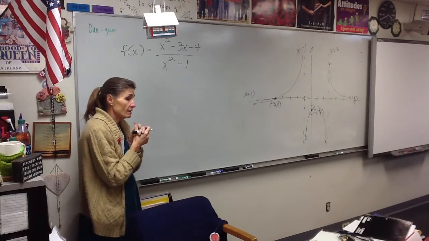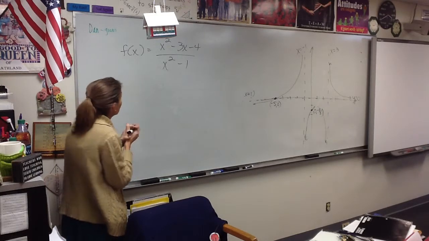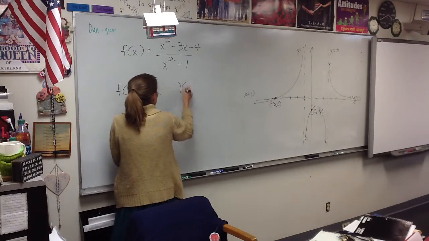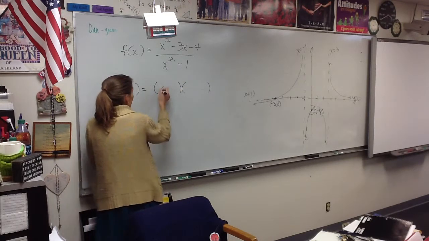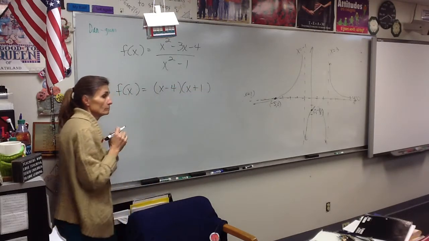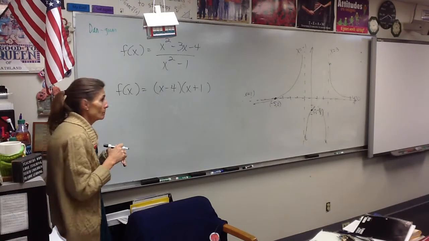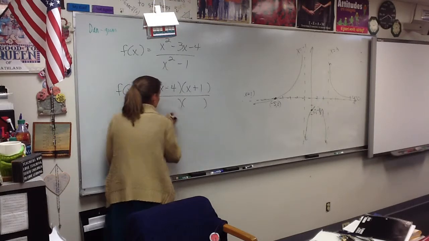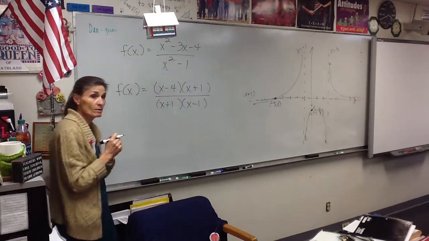What do you think? How should we start? Factor it. How does the top factor? How about the bottom? Does it factor? X plus 1, x minus 1, difference of squares?